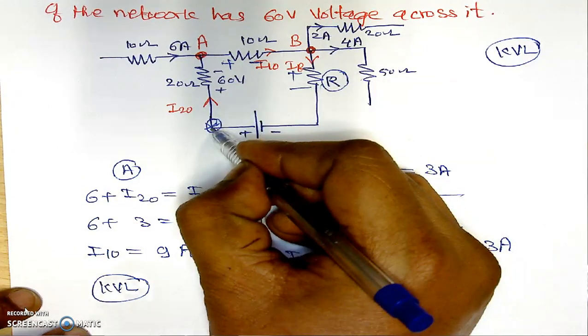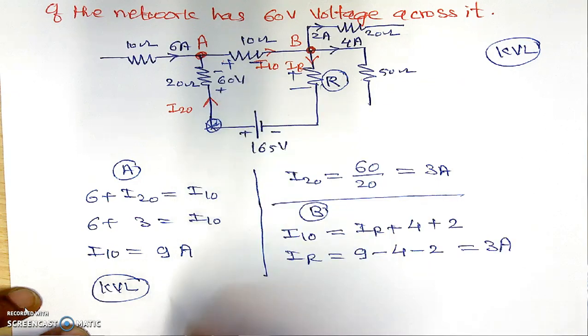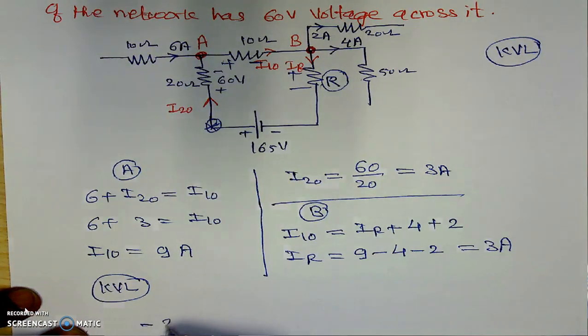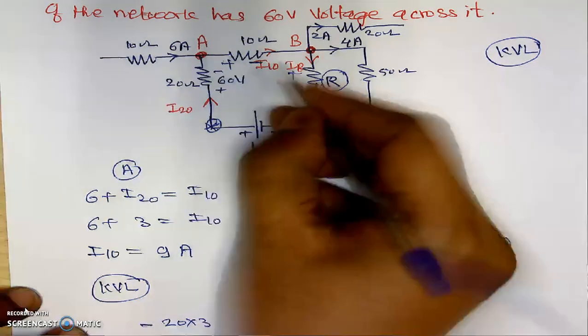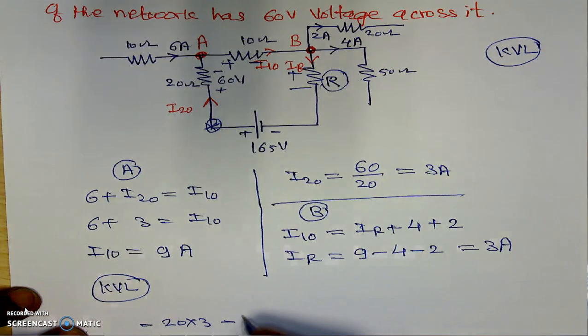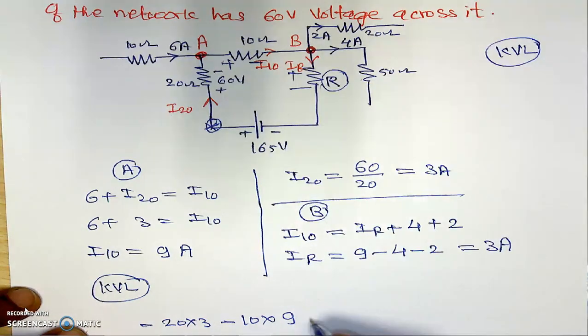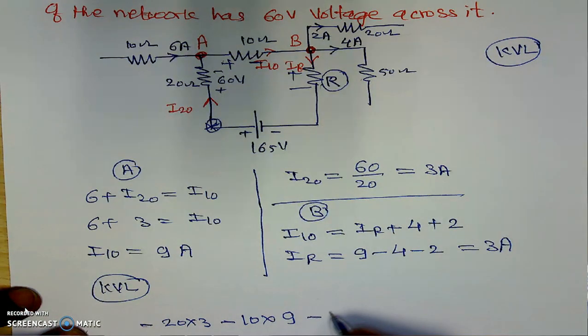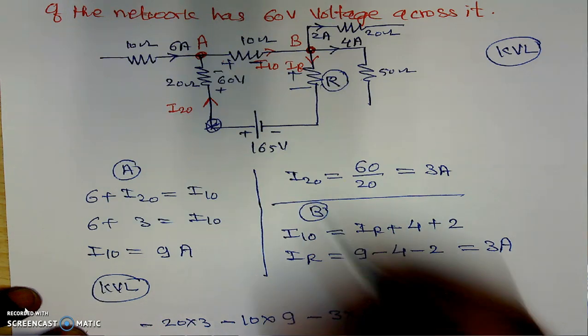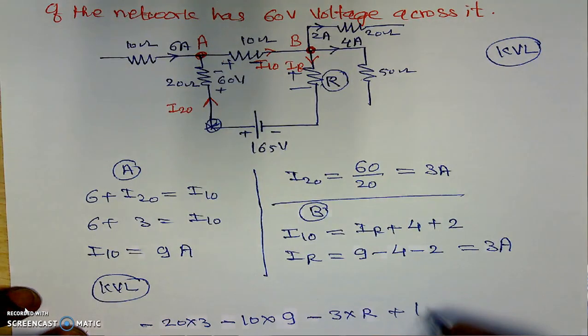If we are traveling from this point, positive to negative, which is minus, its resistance is 20 and its current is 3. Then positive to negative, which is minus, the resistance is 10 and the current I10 is 9 amperes, that is 10 into 9. Then again positive to negative, which is minus, its current is 3 amperes into its resistance R. Then negative to positive, which is plus, it is 165, which is equal to 0.